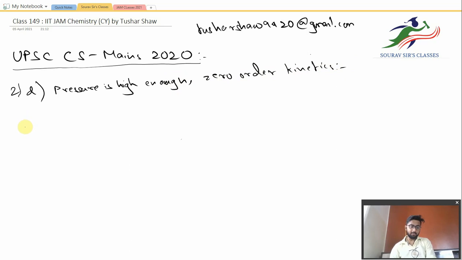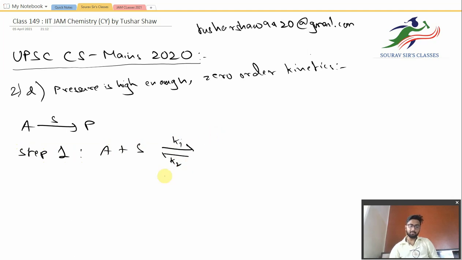So we have this kind of derivation over here. Let us say A on the surface forms products. This is the most general representation of how surface catalysis works. If we write this process in 2 steps, step number 1 is A attaches to the surface with K1, the backward rate being K minus 1, forming AS.